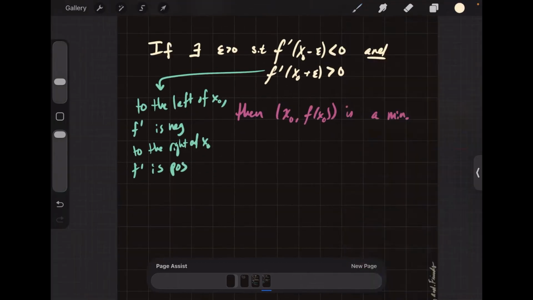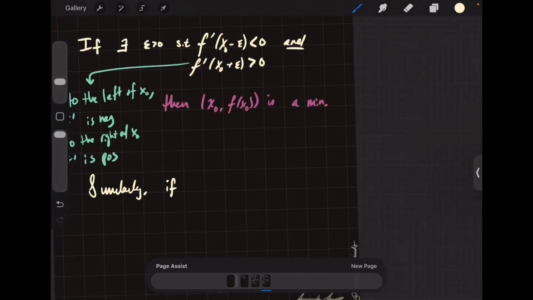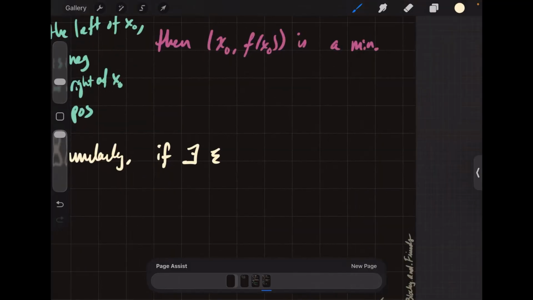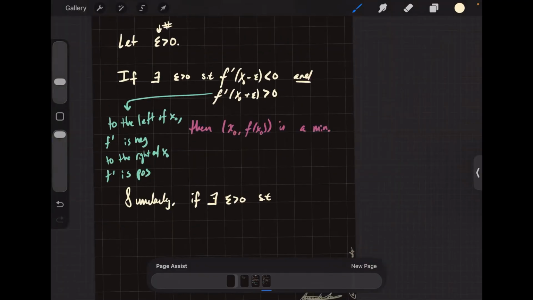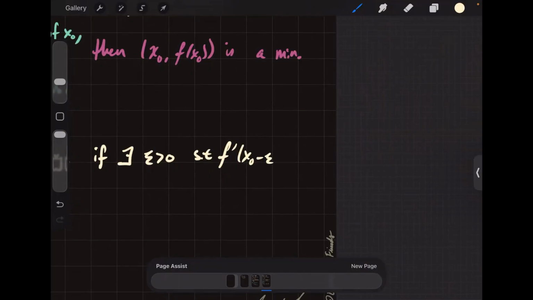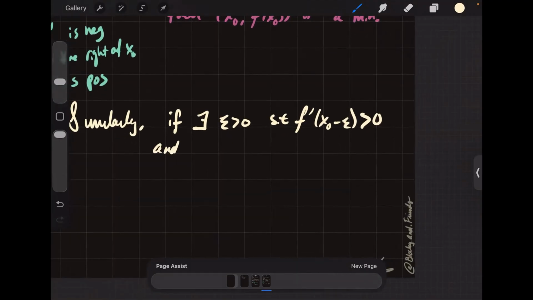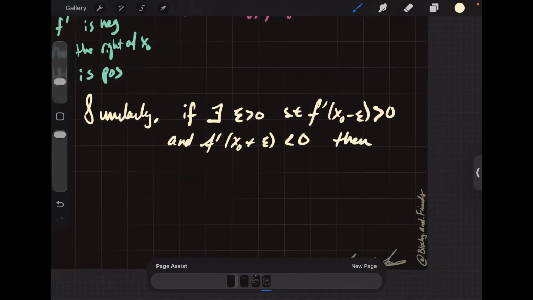Similarly, if there exists an epsilon greater than 0, such that f prime of x naught minus epsilon is greater than 0, and f prime of x naught plus epsilon is less than 0, then x naught comma f of x naught is a max.